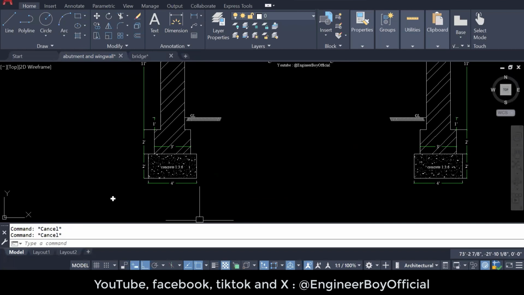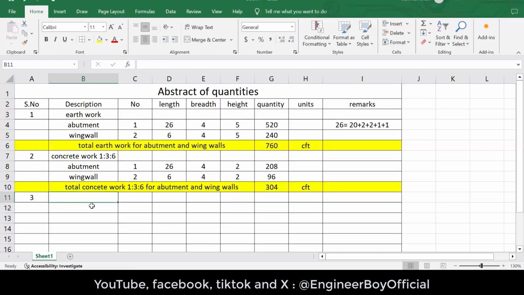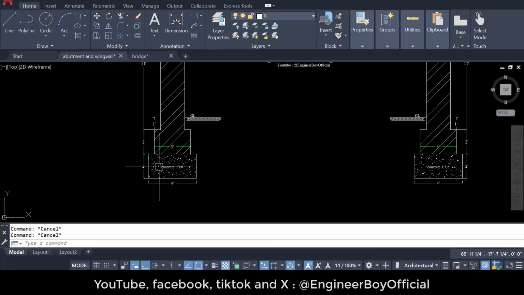Okay, so again, jumping into the Excel, let's say we have the brickwork and it is in 1:3. 1:3 is the ratio of mortar which is used in the same brickwork. Now, I'm going to say the brickwork for the abutment, and then I'm going to say it for the wing wall. However, in the abutment there are two steps.